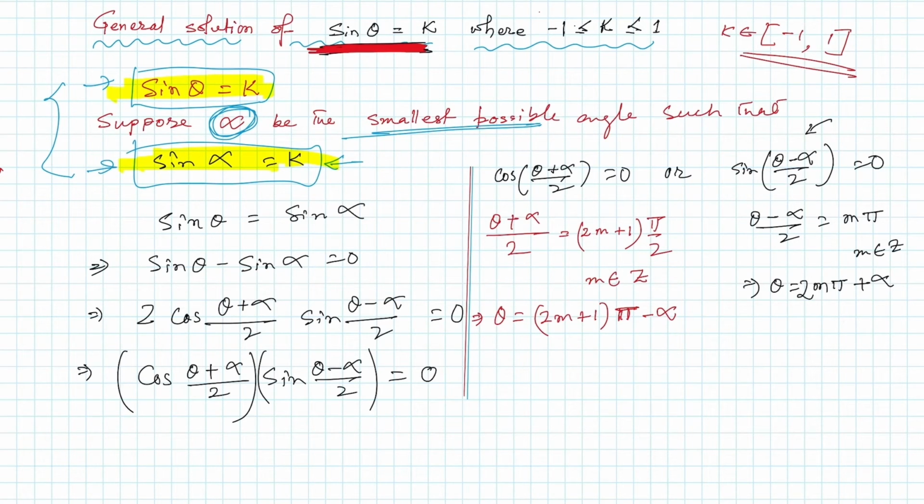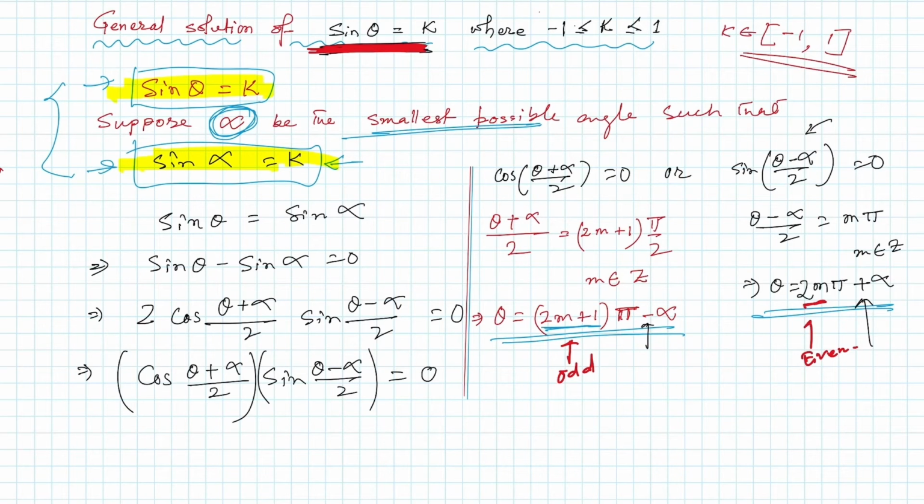Here you see, if you compare these two values of theta, in one case it is an odd multiple of pi, twice m plus 1 into pi, and in the other case it is twice m pi, where twice m is even. Here it is minus alpha, and here it is plus alpha.